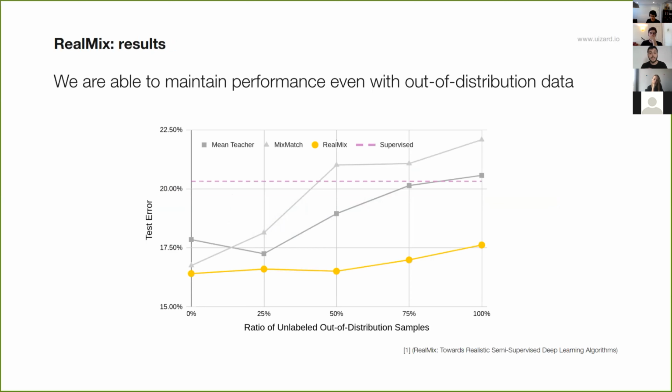You can see how our method actually keeps the performance quite well, while other methods with just 50% out-of-distribution get worse performance than in a supervised manner. You can read more about what we're doing here. We also published the code, so feel free to check it out. It's called RealMix.